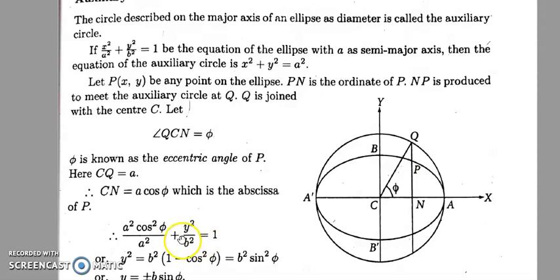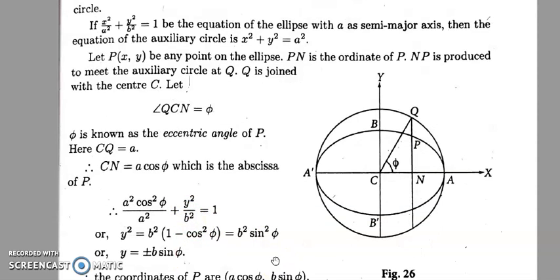So upon simplifying you will get ഇപ്പോൾ ഇവിടെ A square cancel ആവും. ഇവിടെ 1 minus cos square phi വരും. 1 minus cos square phi is sin square phi. So you are going to get y square equal to b square into sin square phi.